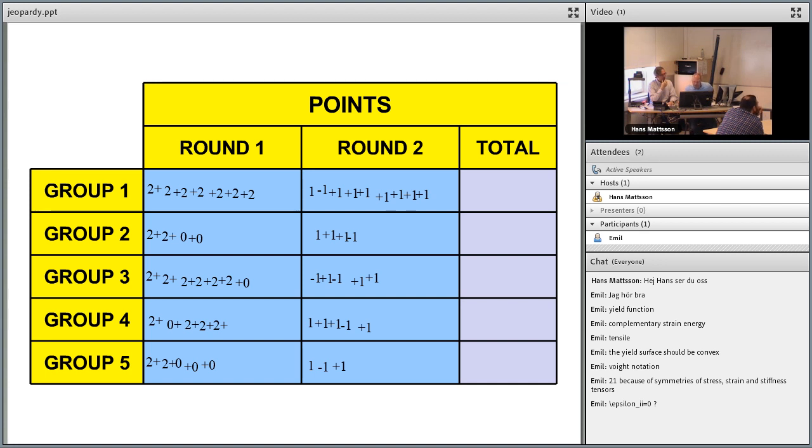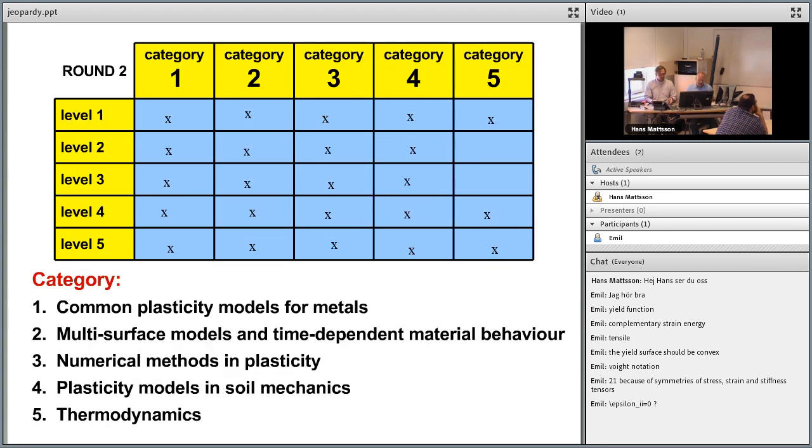No, it's a minus. 6 points. But it's 12. It might be hard for the second place here. 13. And group 5, 5 points. So then we take the 2 last questions.